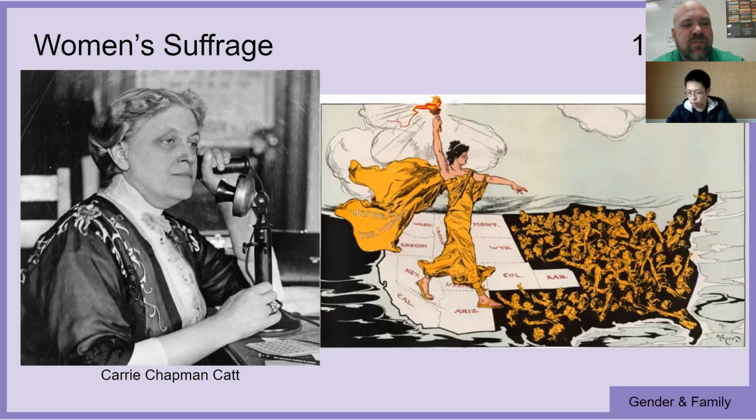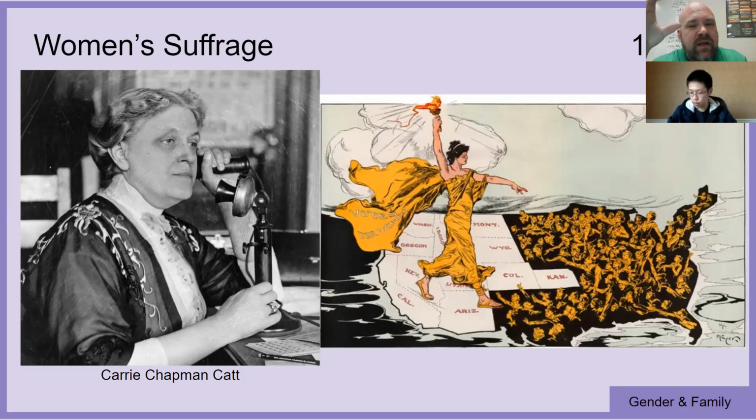And the leaders of those movements, do you remember the names of those women? Okay, Susan B. Anthony and Elizabeth Cady Stanton. Those were the two biggest names. There are more women, but those are the two big ones.